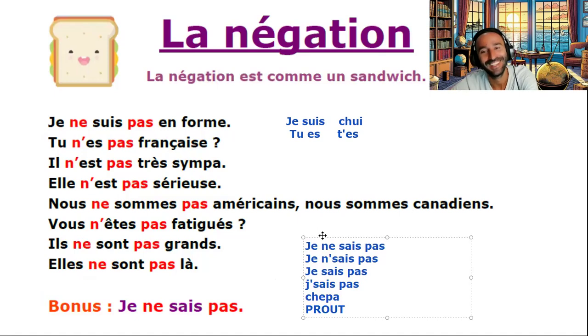Hein. Really, French people, to say je ne sais pas, you're gonna listen to them and they're gonna say je sais pas, je sais pas. Alors, it's better if you say je ne sais pas, but if you listen to a friend say je sais pas, you know he means I don't know. And why a prout?